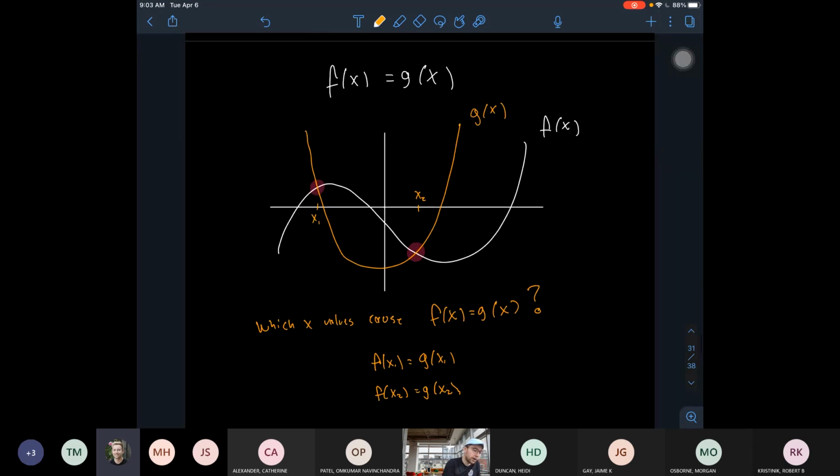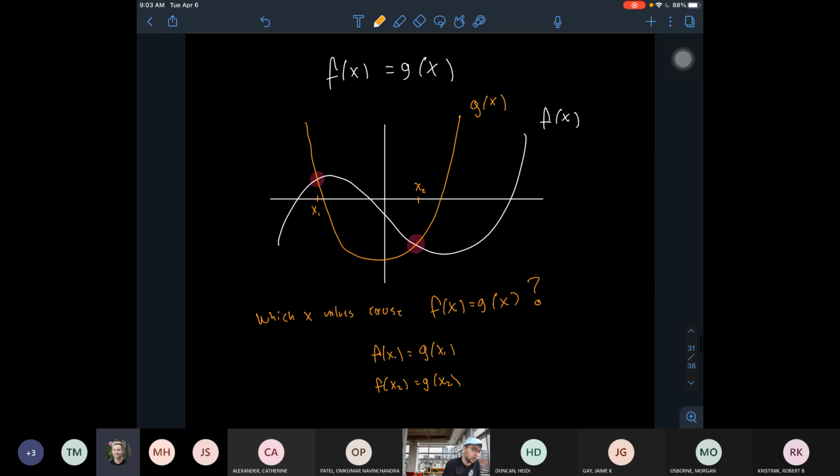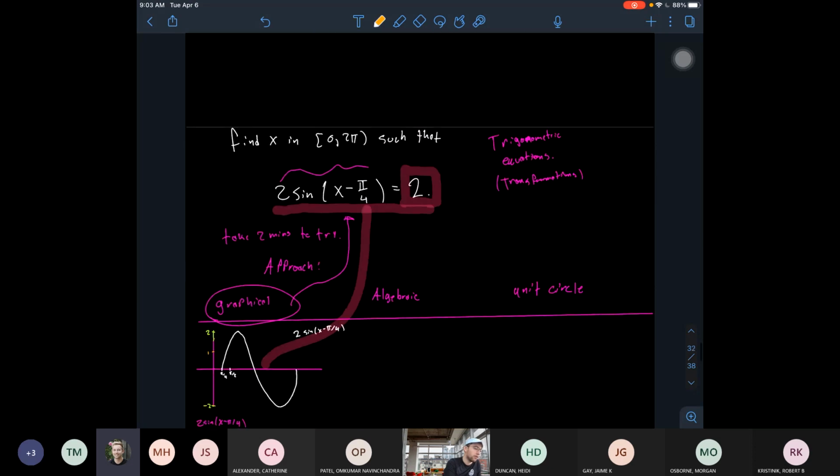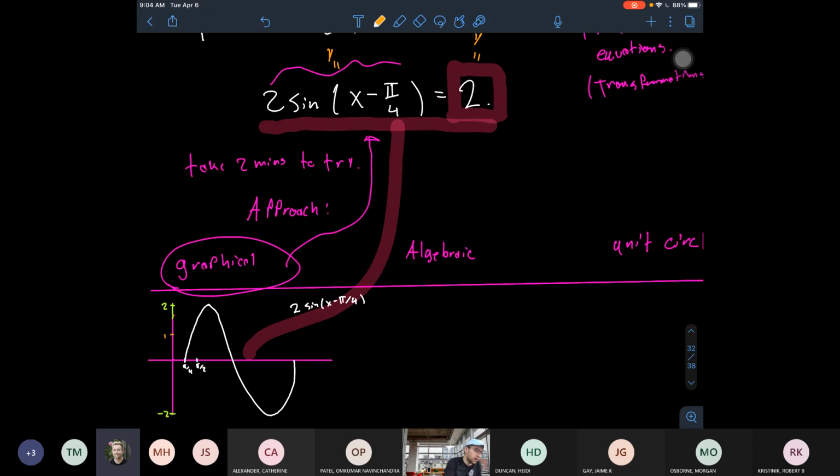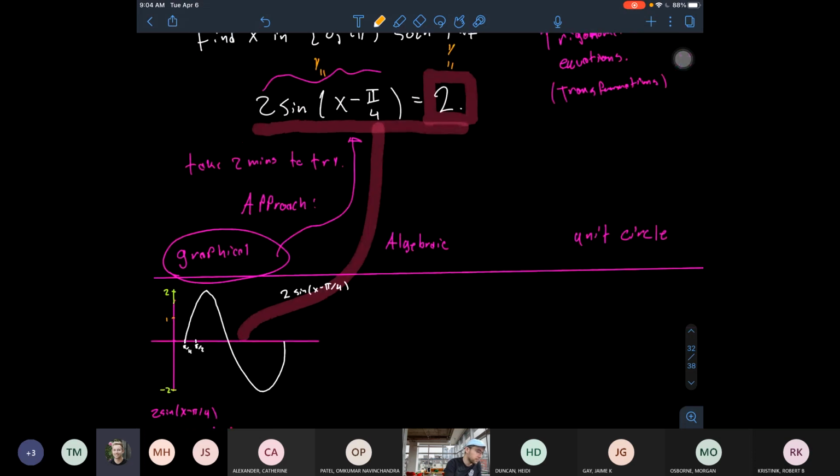So if we want to take the graphical approach here with our problem, and we've already graphed the equation y equals 2 sine of x minus pi over 4, then we should also graph the right-hand side, which is y equals 2. What does the graph of y equals 2 look like on the coordinate plane?